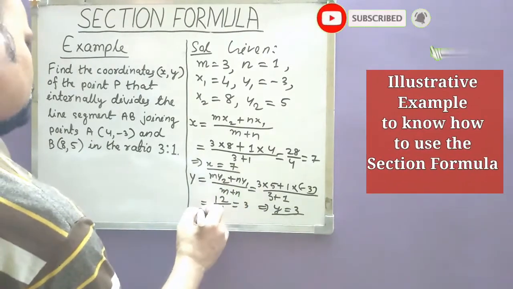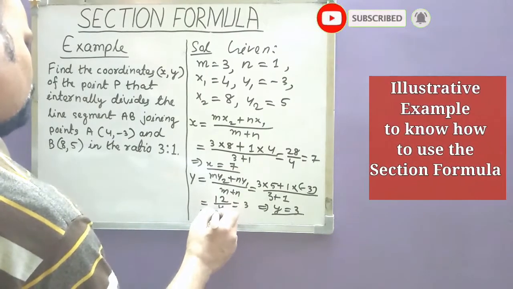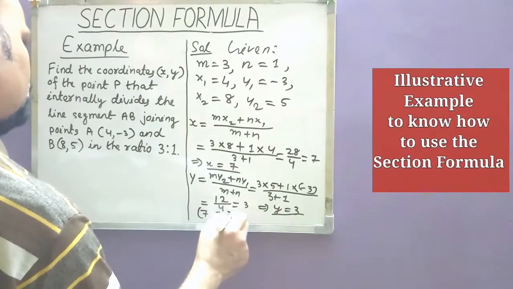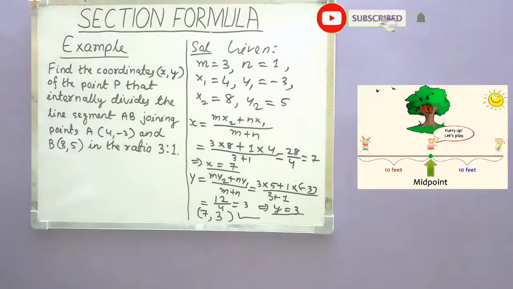Hence P with coordinates 7, 3 is the required point.